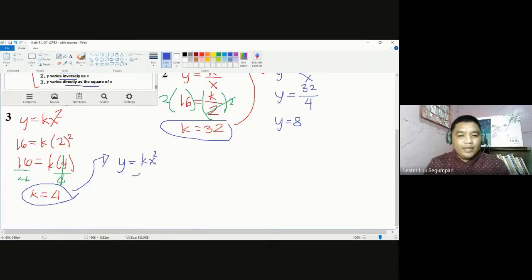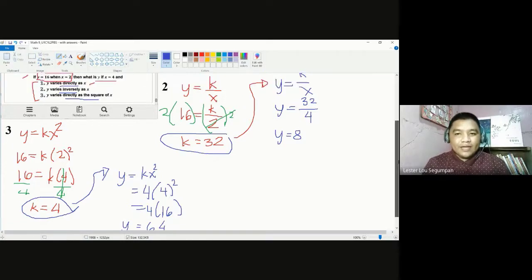K is 4, solved earlier, and x is 4, then you take its square. 4 squared is 16. So you have 4 times 16. So the value for y, for number 3, which is concerned with direct square variation, is equal to 64.